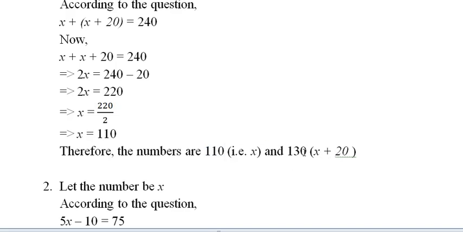You can see the difference between these two numbers: 130 minus 110 will be 20, which means that 110 is smaller than 130 by 20.